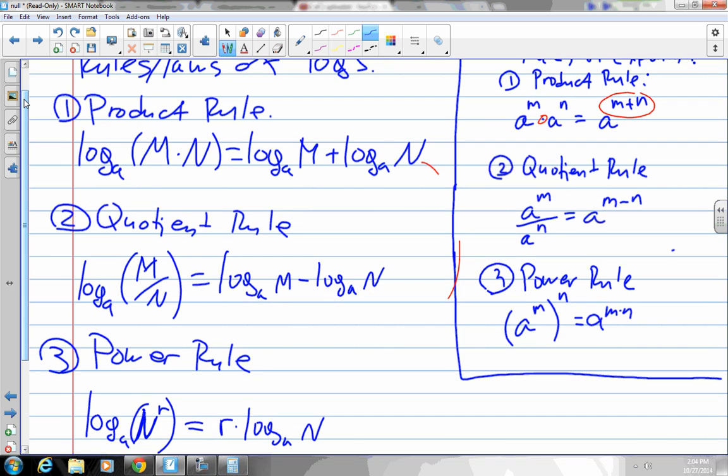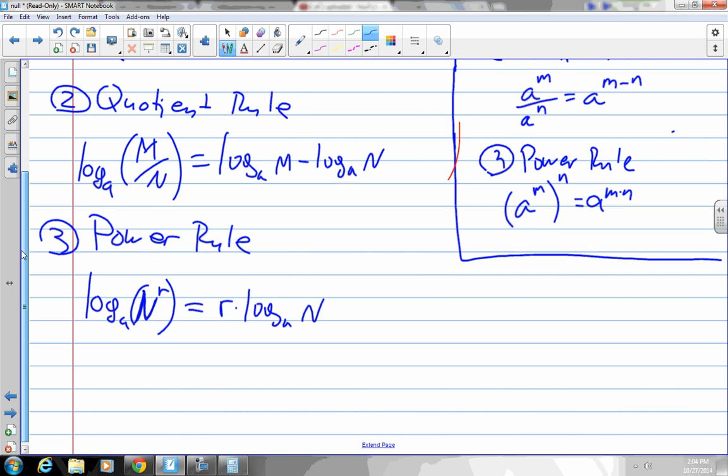Why was that called the product rule? Why do you think this is called the product rule? Because there's some kind of multiplication, so it's dealing with products. Why is this called the quotient rule?